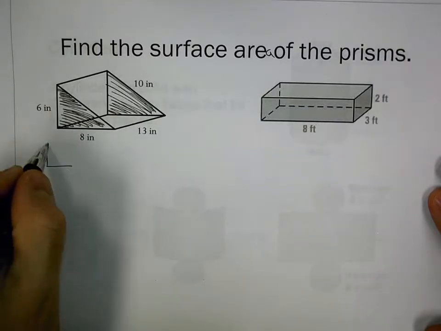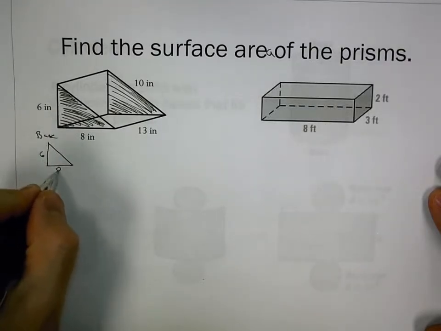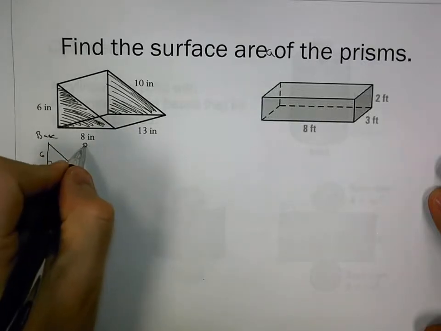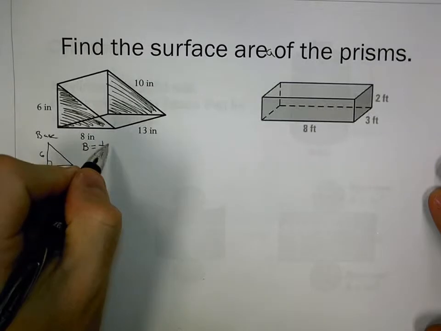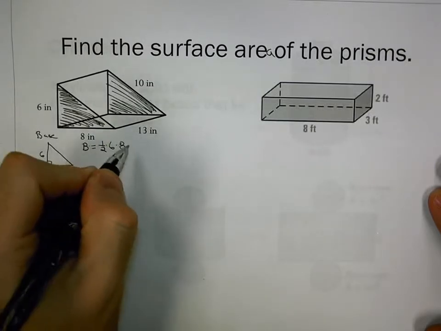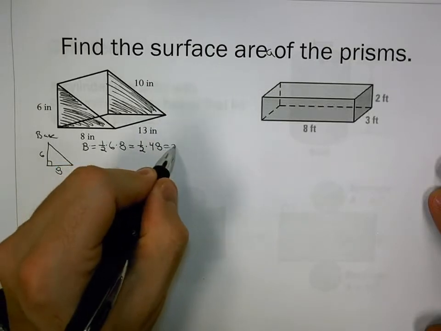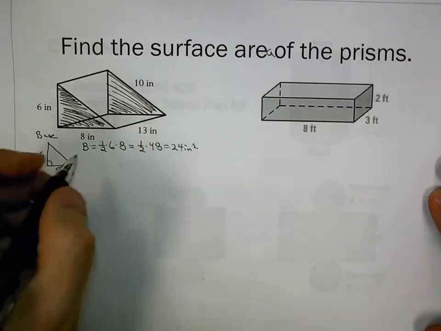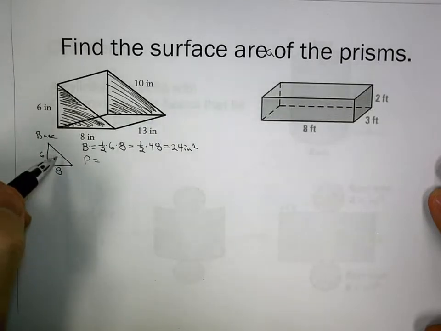So if I draw the base off to the side, I have 6 and 8. First thing I need is the base area. Since it's a triangle, it's 1/2 times 6 times 8, which gives us 1/2 of 48, or 24 inches squared. And then the perimeter should be 6 plus 8 plus this hypotenuse.